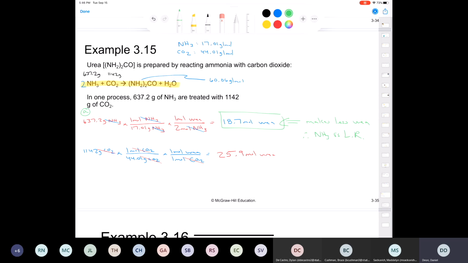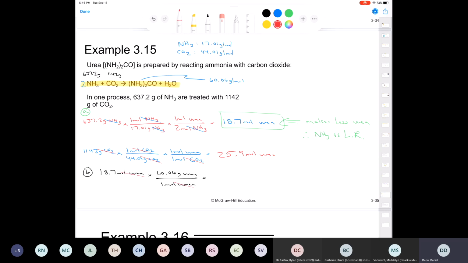So that's part A. In part B, it says calculate the mass of urea formed. I know that I make 18.7 moles of urea, and I know that urea has 60.06 grams of urea in 1 mole of urea, okay? Again, units cancel out like this.